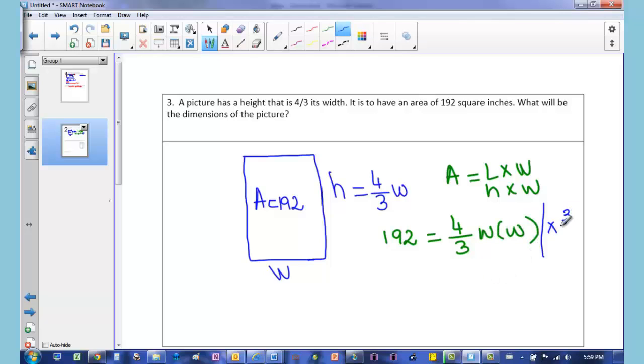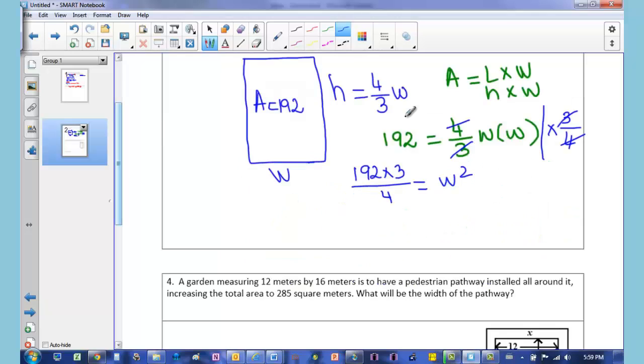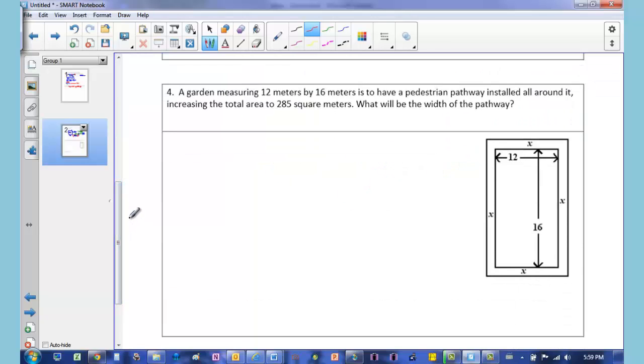By multiplying the entire equation by its reciprocal to reduce the terms, I'm left with 192 times 3 over 4 equals w squared. The best thing to do is to square root both sides. I want you to simplify 192 times 3 over 4 at home. Then you're going to square root both sides and find the width of this enlargement. I'm going to try and help you set it up, and hopefully you can solve it by yourself at home.